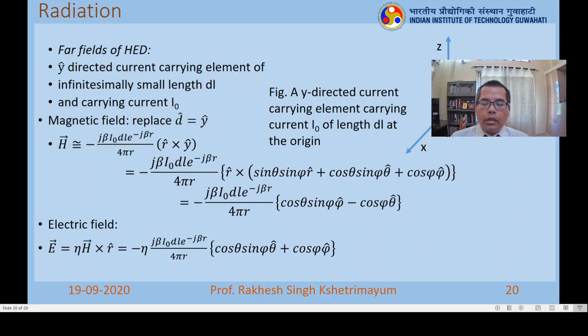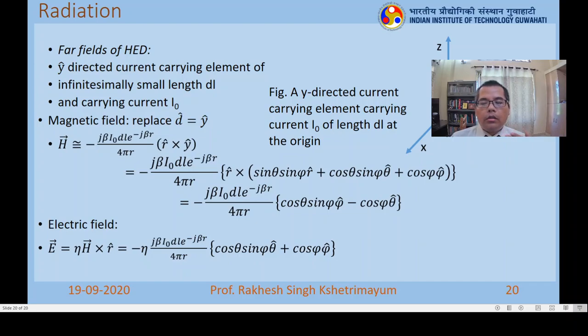And once we have that, what we observed was that the electric field and magnetic field obtained from this three-step process had a very complicated expression, but most of the time we are interested in the far field of the antenna, so we just need to worry about the 1 by r term in the expression.